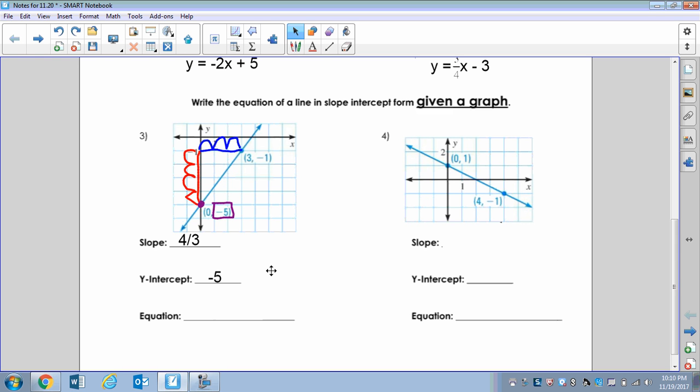Now that we have our m and our b, we can rewrite the equation to y equals mx plus b, where y equals 4/3 x minus 5, or y equals 4/3x minus 5.